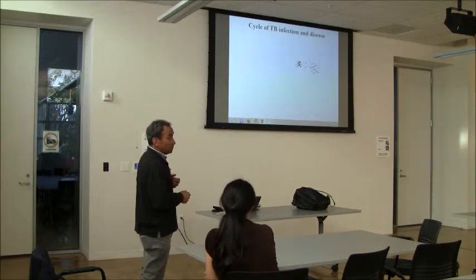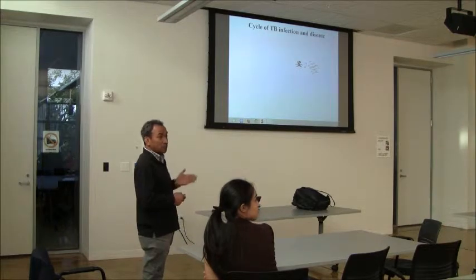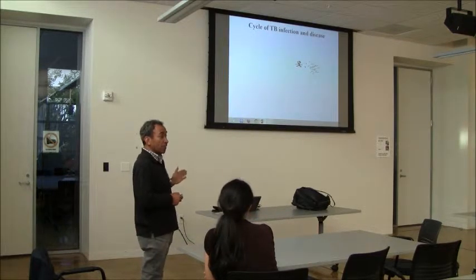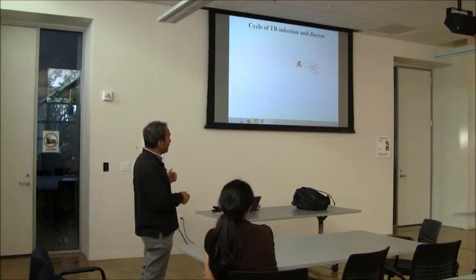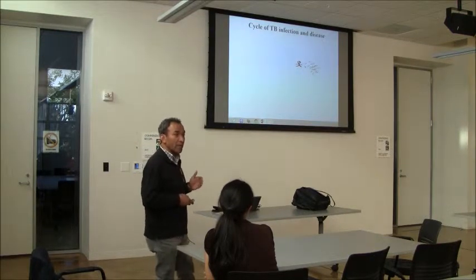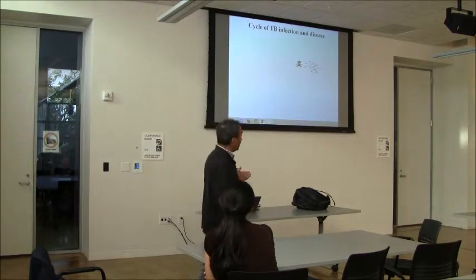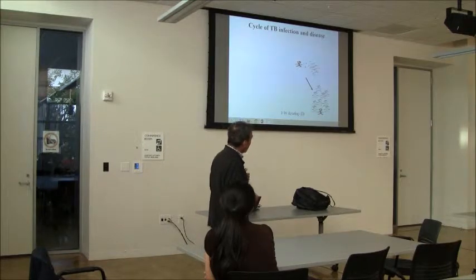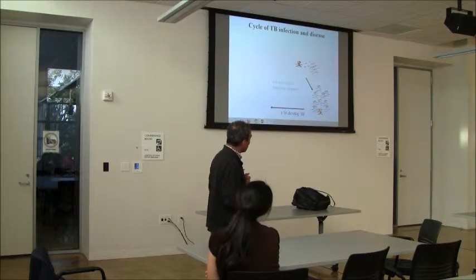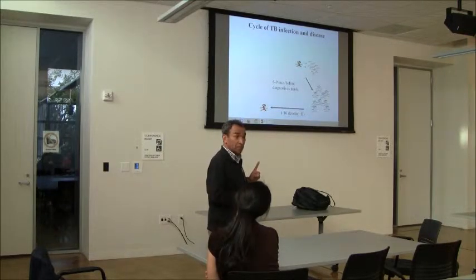So this is what happens. When somebody develops TB, as I said, on the average, it takes about 6 months to 1 year for this person to have the diagnosis made. During that period, this person will infect, on the average, 10 close contacts. Okay? And so you can treat that person, but this person infected 10 other close contacts. And then from these 10, 1 in 10 will develop disease again.